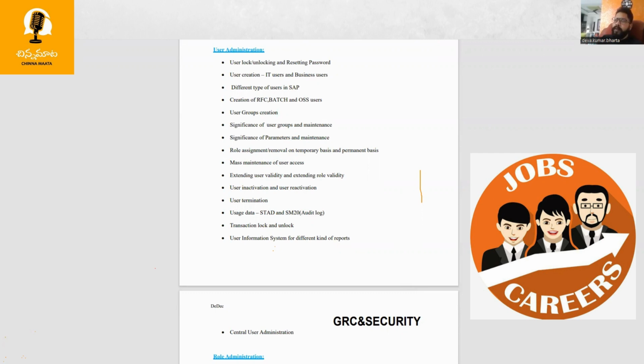We will put all the data into an Excel sheet: 100 user IDs, the first name and last name for each, then the email IDs for the 100 users, and then which roles to assign. Then we will write a script using one transaction code. First, for one user you create the first name, last name, user ID, user group, and roles.